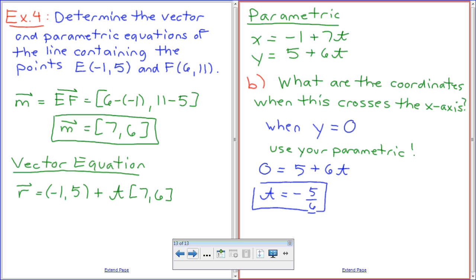Since I have my t value now, how do I get my x value? Derek, help her out. How do I get my x value now? You can sub t into the parametric equation. Yeah.